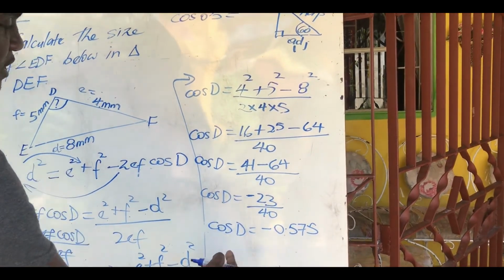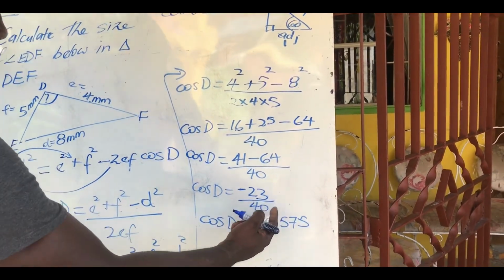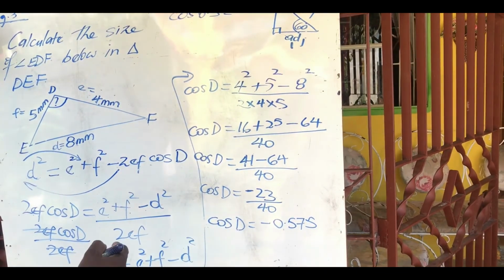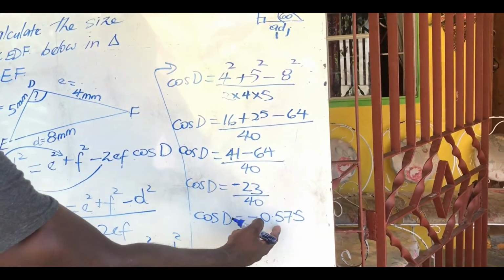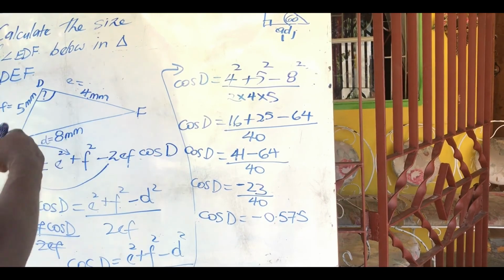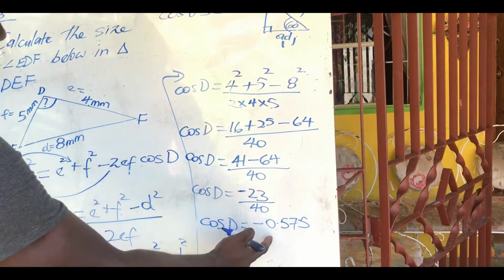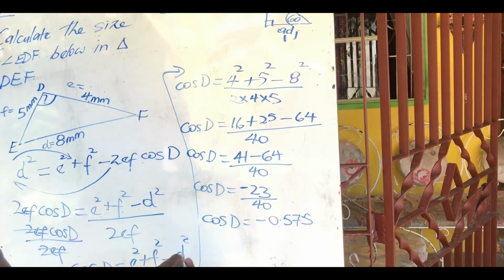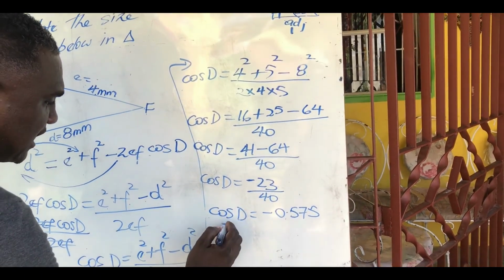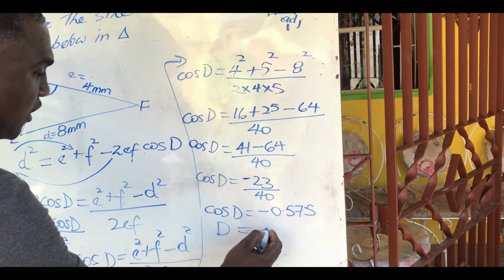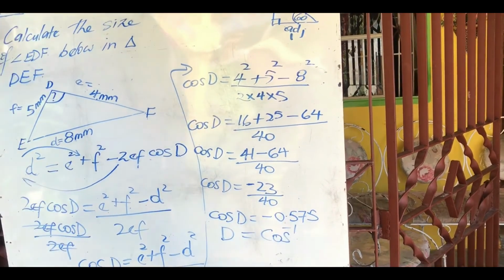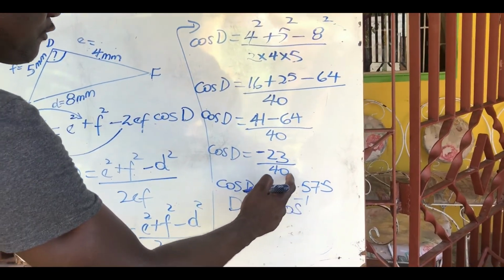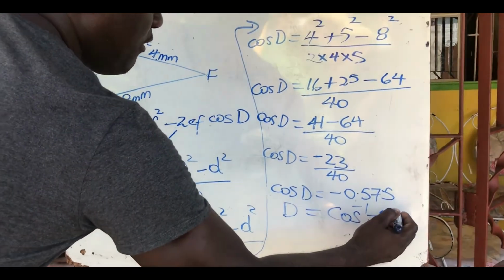And if the angle is obtuse, then it is greater than 90 but less than 180 degrees, in that the angle is found in the second quadrant, based on what we did before. So we know that this angle has to be greater than 90 degrees but less than 180 degrees. So we want to find D, so it is a cos inverse, because it is an angle now whose ratio is negative 0.575.